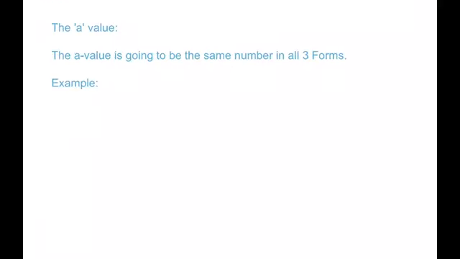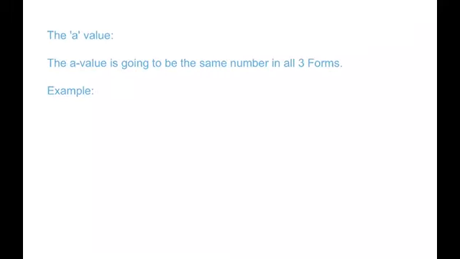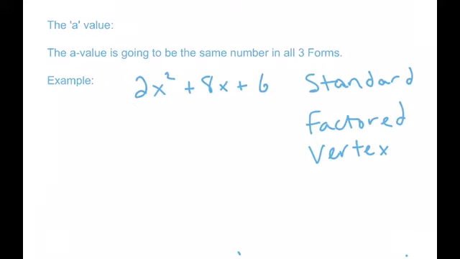Okay, the a value. The a value is going to be the same number in all three forms. All of them that we dealt with today were ones or negative ones. Okay, if we have standard form 2x squared plus 8x plus 6, the factored form is going to have the same a value as the standard form, and that's the 2.